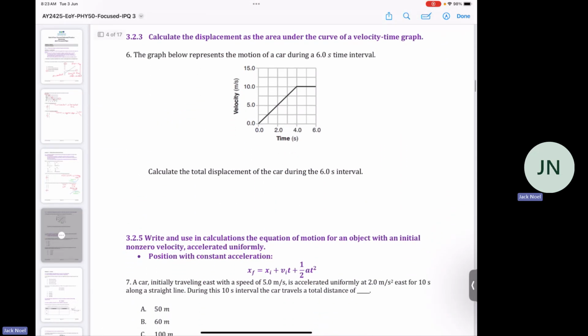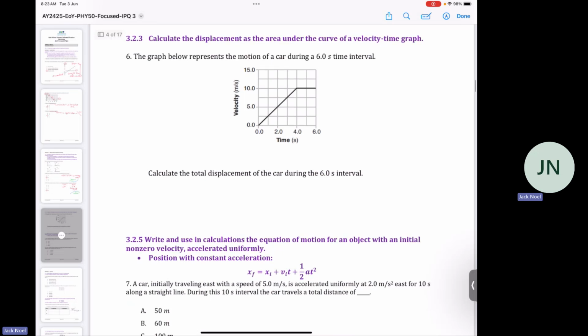Number 6. The graph below represents the motion of a car during a 6-second time interval. They're asking about the total displacement. So total displacement is delta x equals area.